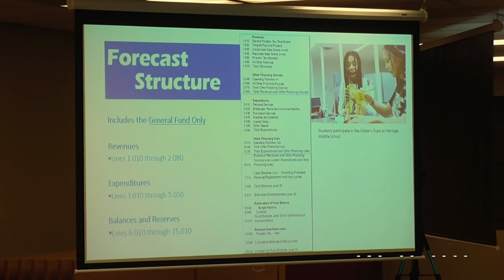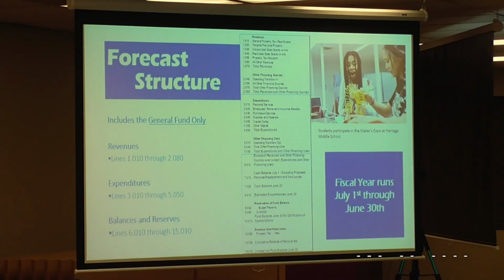Expenditures run lines 3.01 through 5.05. And then our changes in balances and reserves, those are lines 6.01 through 15.01. And they are numbered on the side of the forecast if you look at the actual forecast. And just a reminder for everyone that our fiscal year runs July 1st through June 30th.